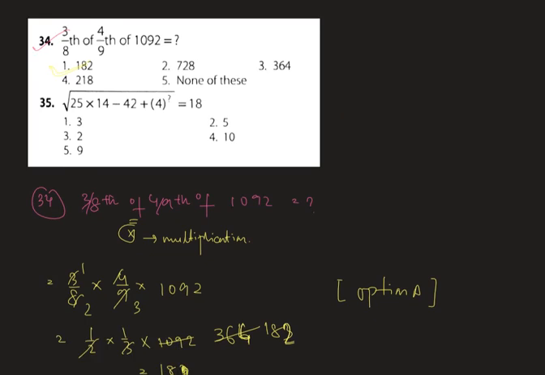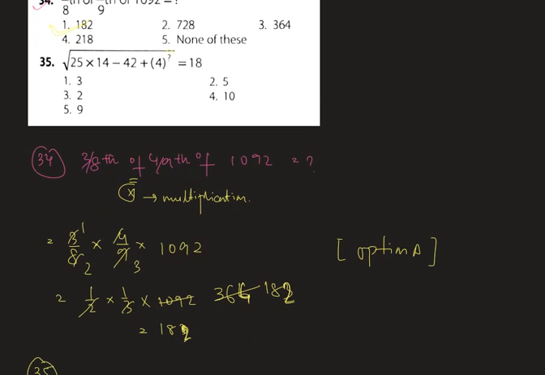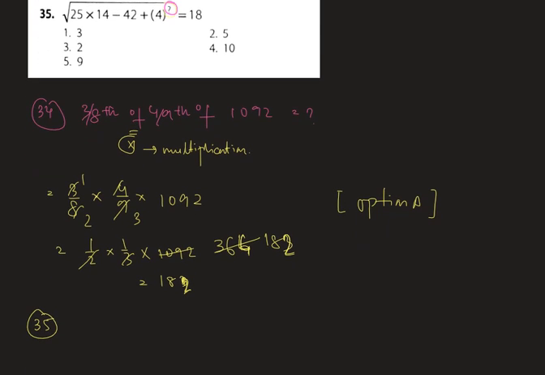Here we have to find the power of 4. Our required equation is root over 25 multiplied by 14 minus 42 plus 4 to the power x is equal to 18.